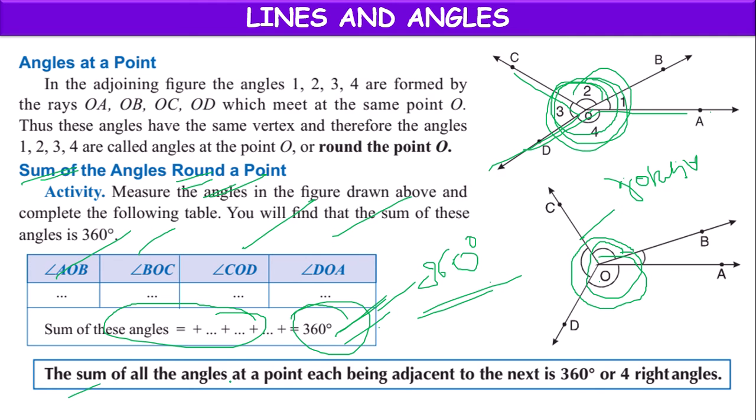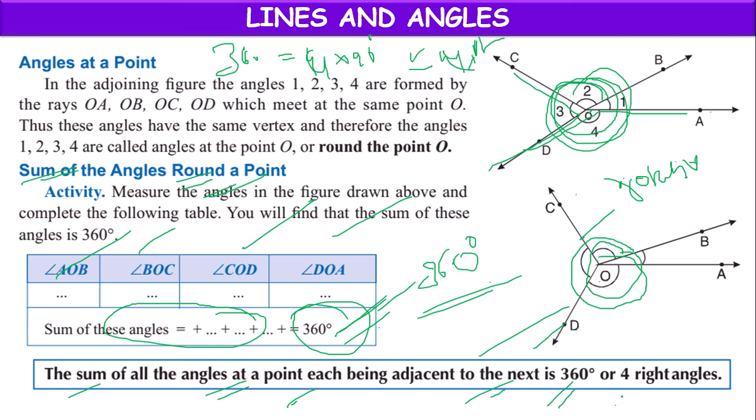So the sum of all the angles at a point, each angle being adjacent to the next, is 360 degrees. If all the 4 angles are adjacent to one another, their sum will be equal to 360 degrees, which we can write as 4 into 90, where 90 is a right angle.